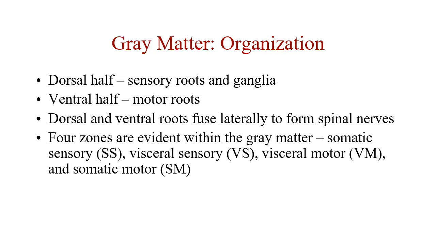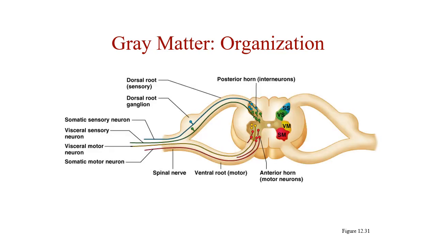Ventral half is motor, and as those leave the cord as the roots, those dorsal and ventral roots are going to merge together to give us our mixed spinal nerve as it then leaves the cord. When we look at the gray matter inside, not only is it divided up into a difference between sensory and motor areas, but we also have the difference between visceral and somatic as well.